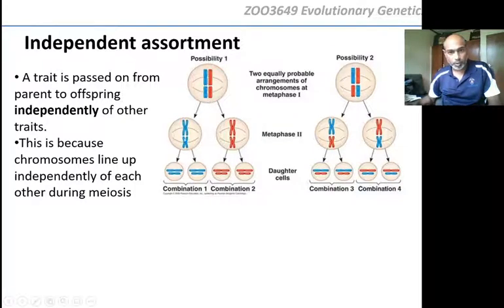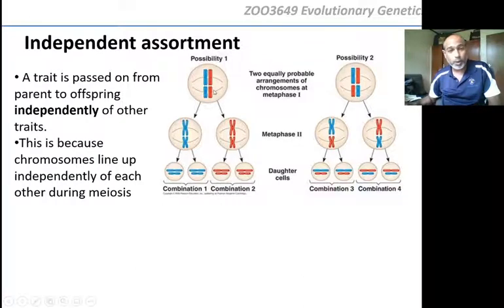And these two will be in this cell, and these two will be in this cell. So, in other words, in this situation, possibility 1, the one that, say mom gave you red and dad gave you blue. So the two red ones that mom gave will be in the same daughter cell here, and the two blue that dad gave you will be in the daughter cell here.